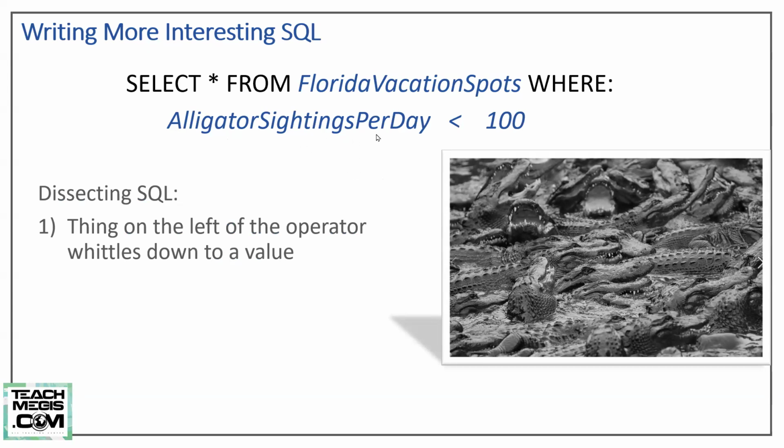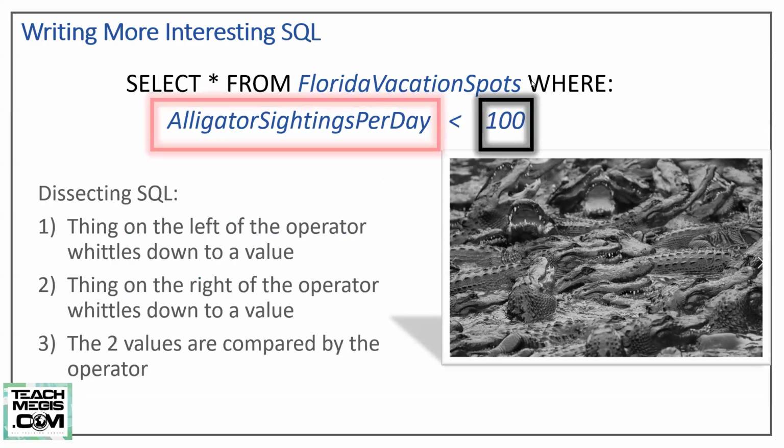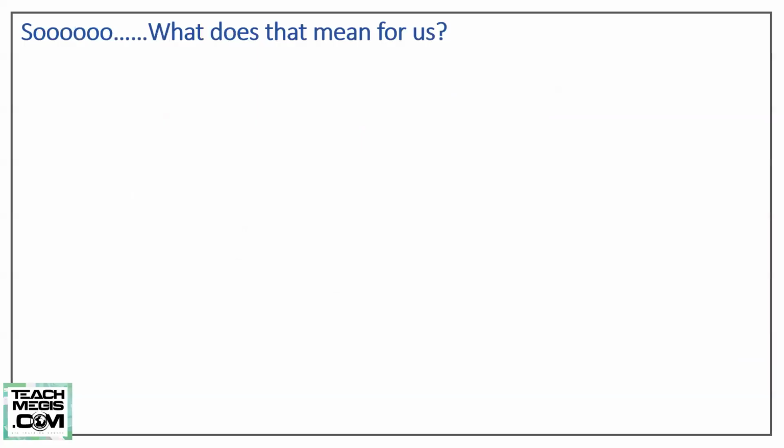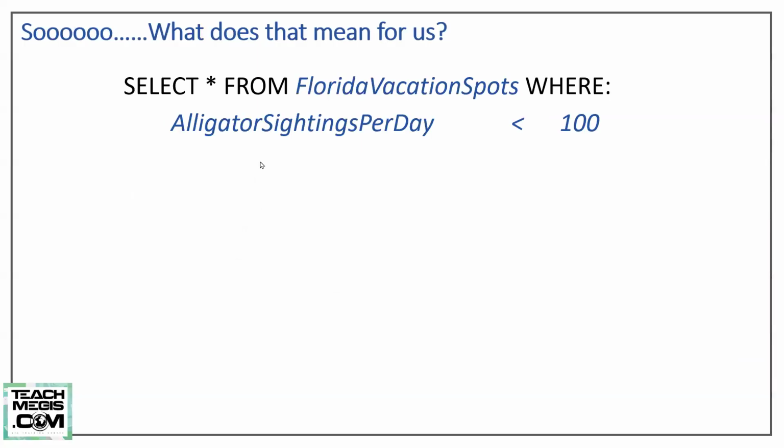The thing on the left of the operator gets whittled down to a value, and then the thing on the right side gets whittled down to a value, and those two values are compared by the operator, in this case, less than. So this is really cool because you can do some manipulation of the data on the fly in your SQL statement.